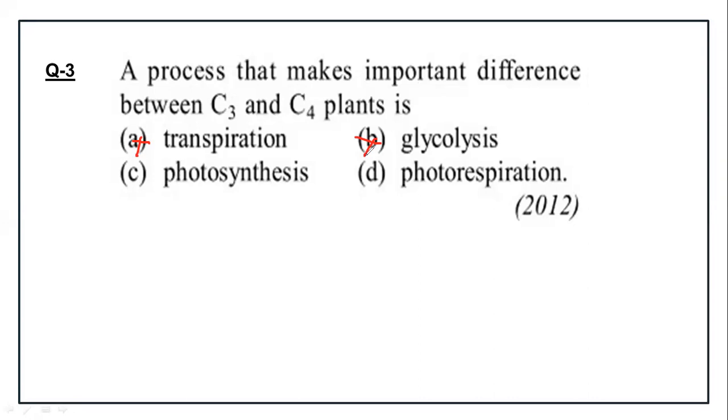Photorespiration is removed, because photorespiration is possible because of the Rubisco enzyme. Rubisco is present in the mesophyll cell in C3 plants. Now in C4 plants, it is transferred into the bundle sheath cell to reduce photorespiration. As photorespiration is possible when Rubisco comes into contact with oxygen, Rubisco is shifted into a new compartment, the bundle sheath cell, right? So the difference is in photorespiration. So next question.